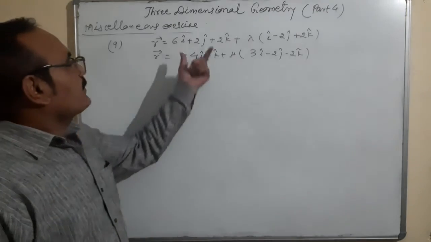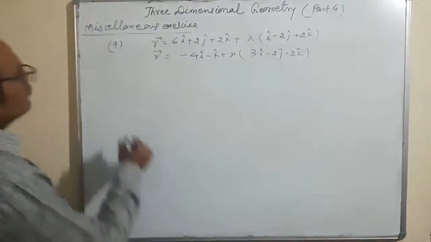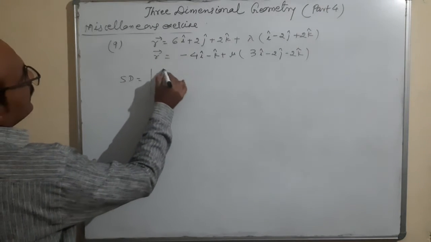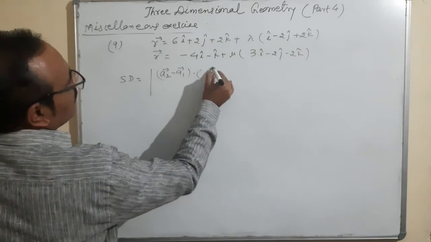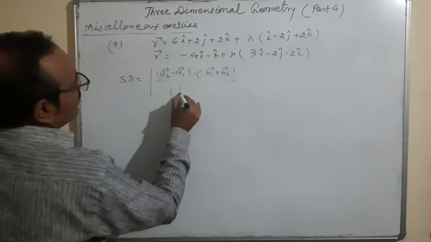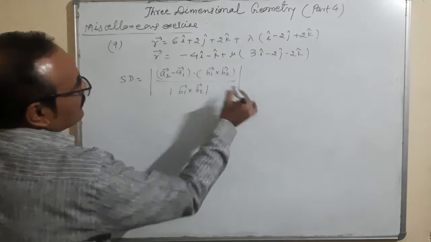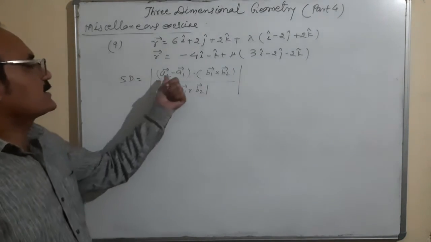This is A1, B1, it is A2 and that is B2. And the formula of shortest distance, you know, is vector (A2 minus A1) dot (B1 cross B2) upon magnitude of B1 cross B2. So one by one we are finding the values. One is A2 minus A1.